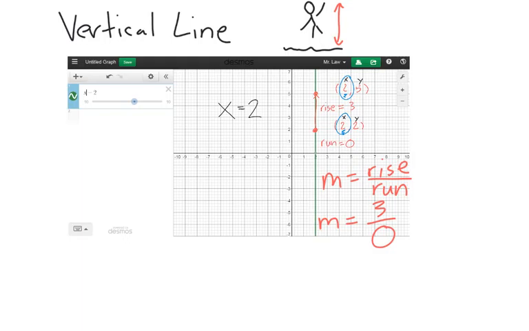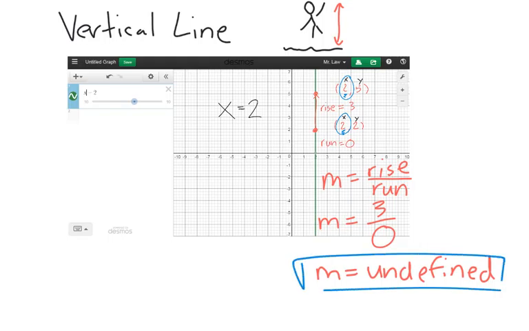It will say error. So our slope is actually undefined. Again, on your calculator, it will say error, but the slope would be considered undefined. The equation of this particular line is x equals 2.